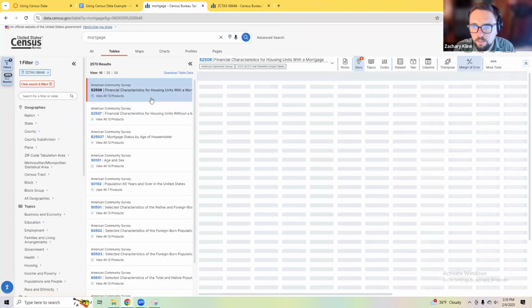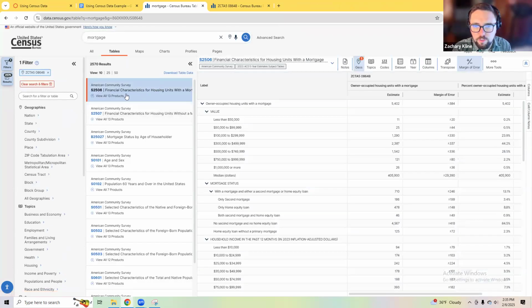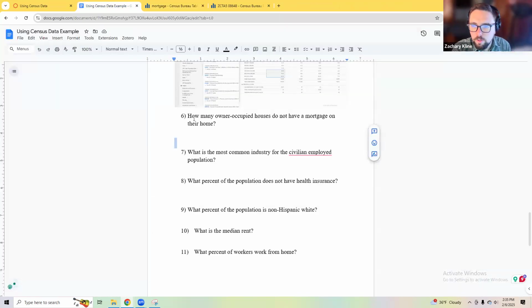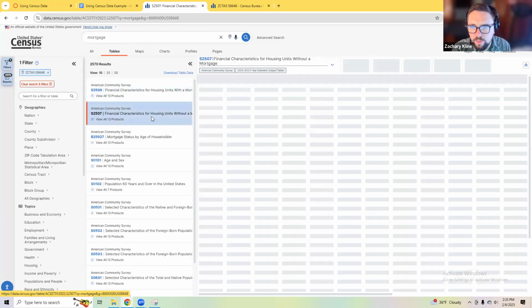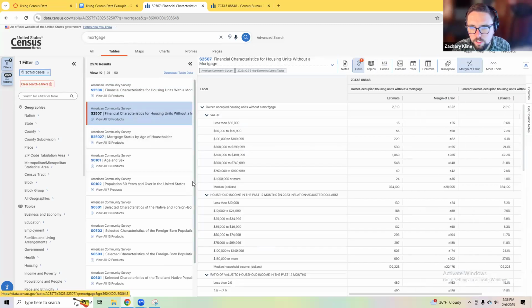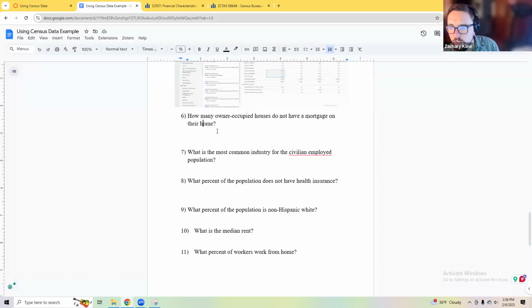Here we go. There are two tables here: one is with a mortgage, one is without a mortgage. We want to know how many owner-occupied houses do not have a mortgage, so we want to look at housing units without a mortgage. Here we go. Owner-occupied housing units without a mortgage. So there are 2,510 houses in Lawrenceville that do not have a mortgage.